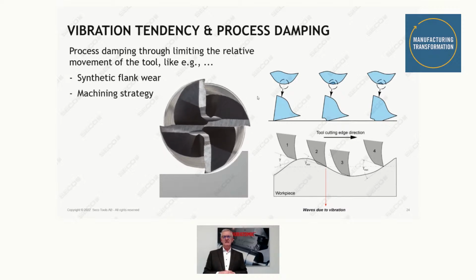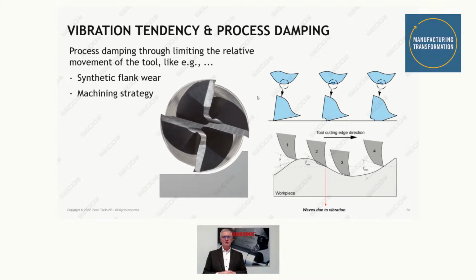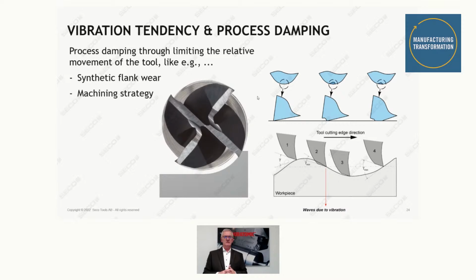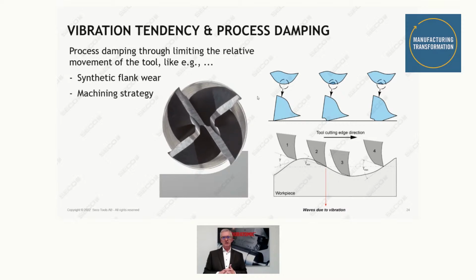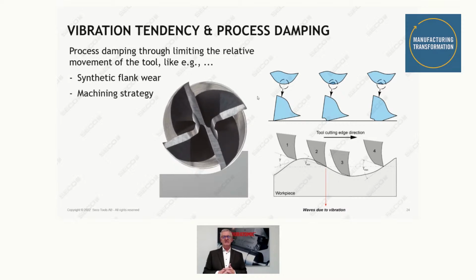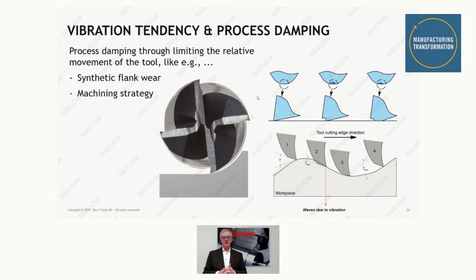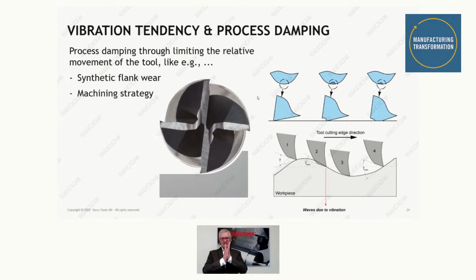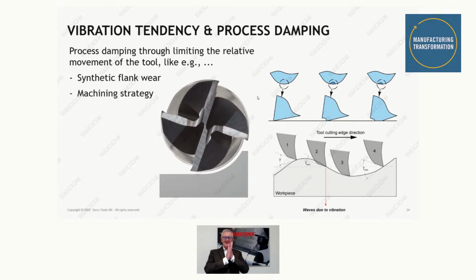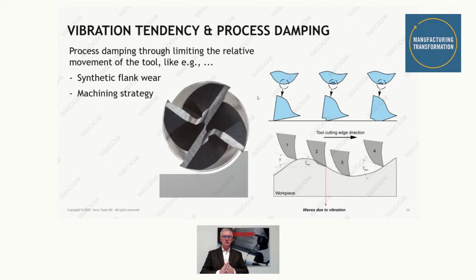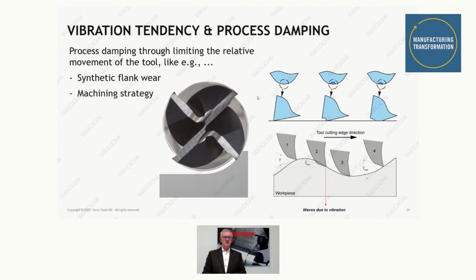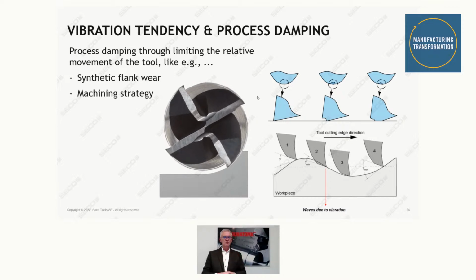There are a number of things we can do here. One thing, perhaps a little bit of an advanced approach, is working with synthetic flank wear on cutting tools. It creates a situation where the cutting edge is forced into constant contact with the workpiece material, so there is no relative movement possible.